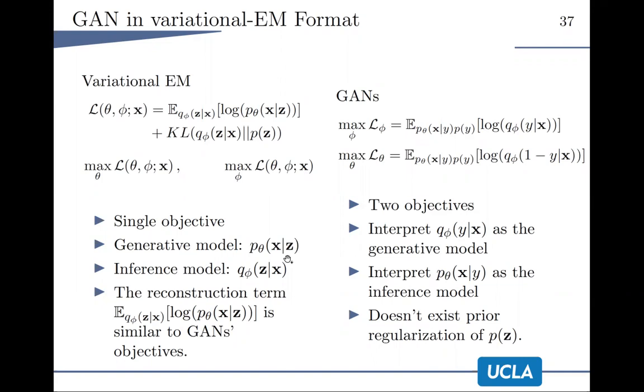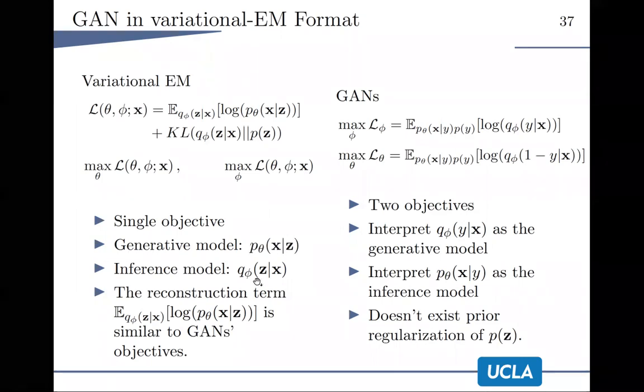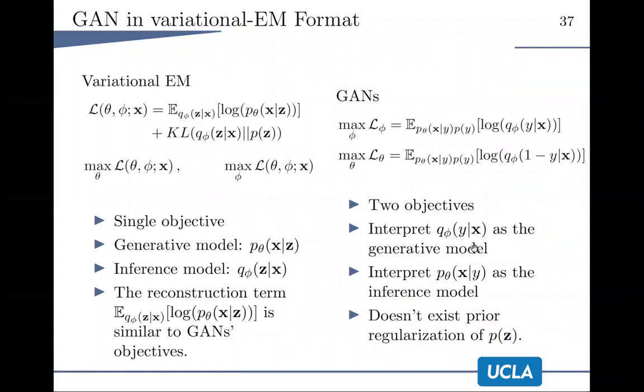But something kind of tricky is that in the variational EM, we used p theta to name the generative model, and here we actually interpret q phi as the generative model, and p theta as the inference model.